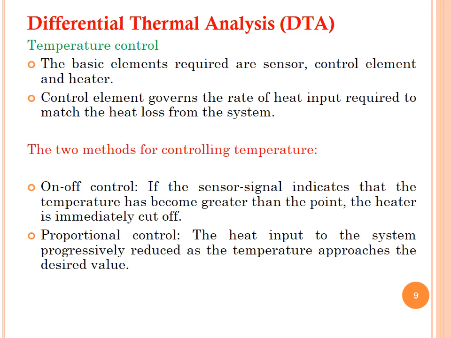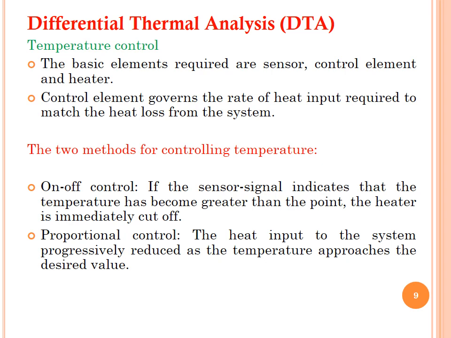Temperature control: the basic elements required are sensor, control element and heater. The control element governs the rate of heat input required to match the heat loss from the system. There are two methods used for controlling the temperature.